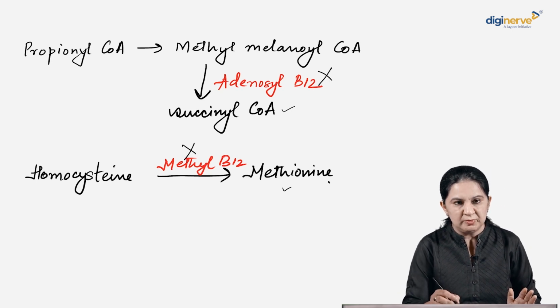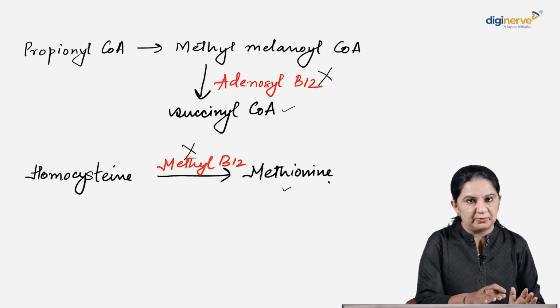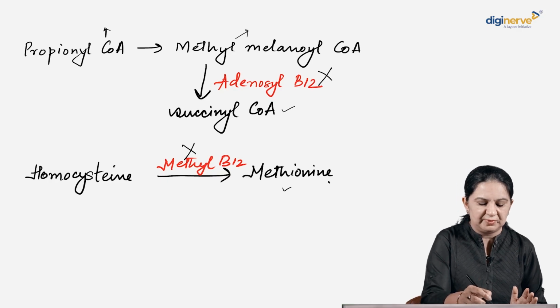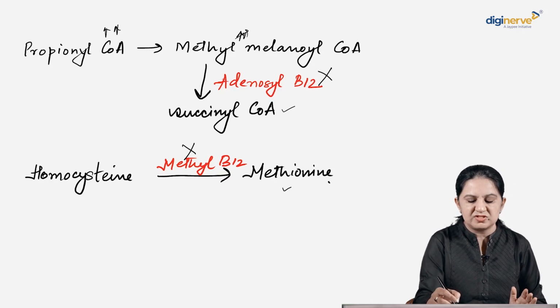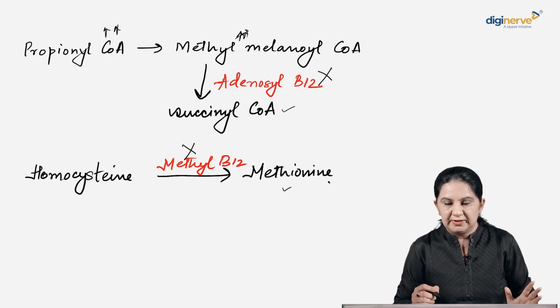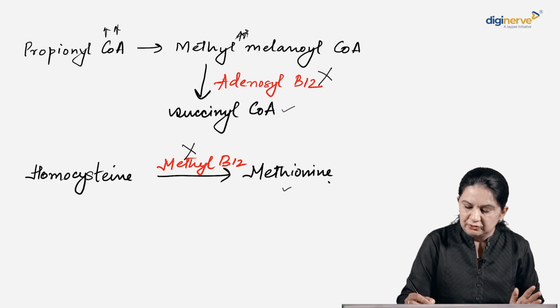Succinyl-CoA will not be formed, but in turn the raised level of methylmalonyl-CoA and propionyl-CoA will lead to synthesis of certain fatty acids, which will result in degeneration of neuronal lipids, and this would result in neurological manifestation as subacute combined degeneration.